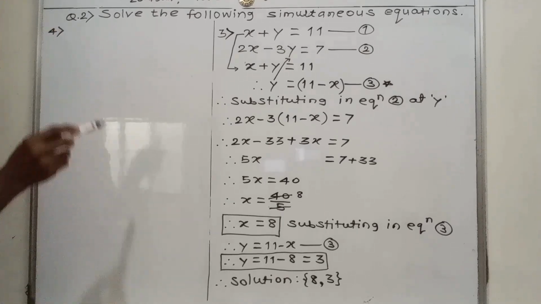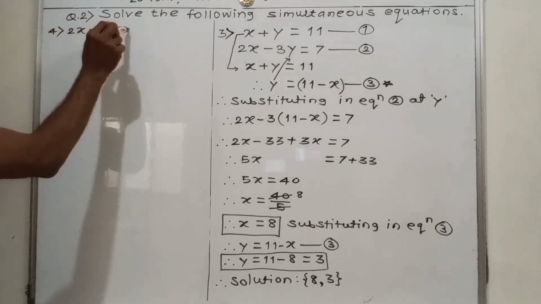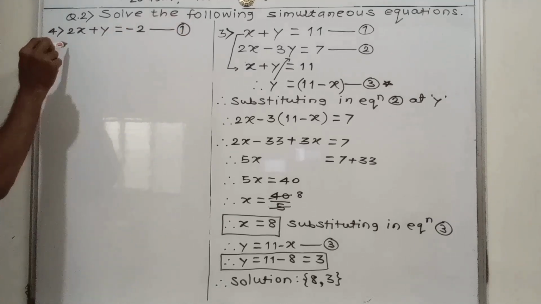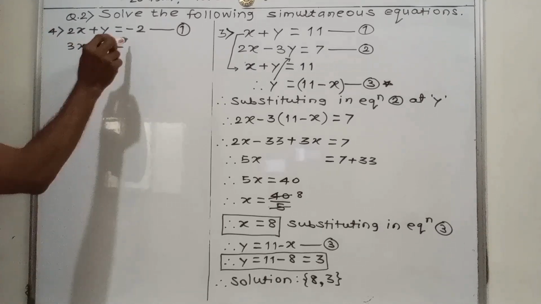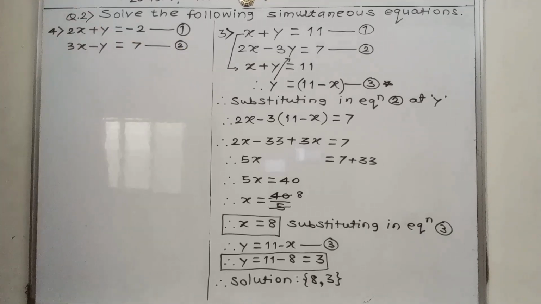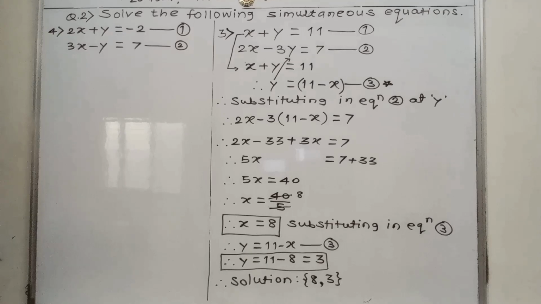Example number 4. 2x plus y is equal to minus 2, equation number 1. 3x minus y is equal to 7. See here. Now observe these two linear equations or simultaneous equations in two variables. Here coefficients of x are not same, but coefficients of variable y are same.